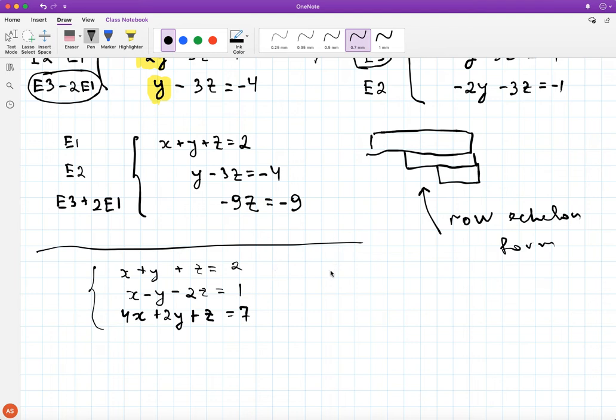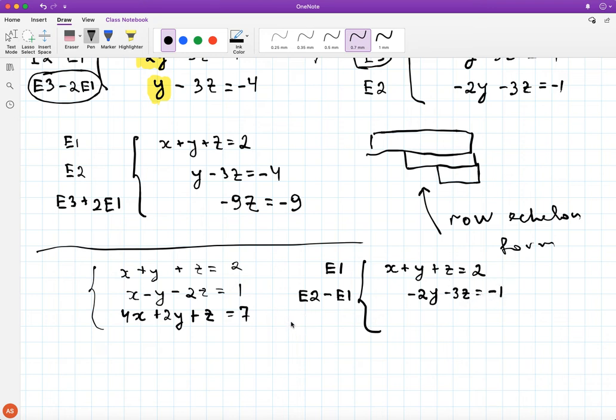Let's begin by eliminating x from the second and third equations using the first equation. So we're going to keep the first equation unchanged, x plus y plus z equals 2. And then we're going to subtract, as above, the first equation from the second equation to eliminate x to get negative 2y minus 3z equals negative 1.